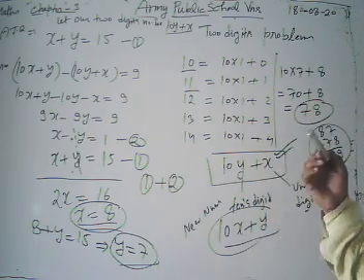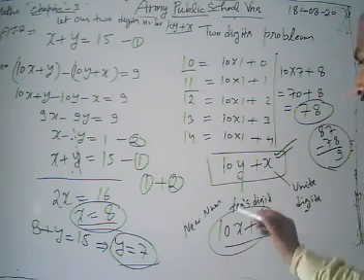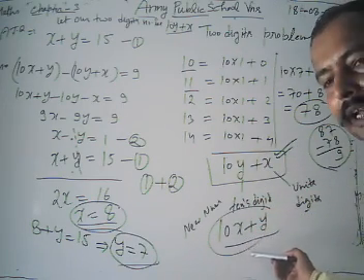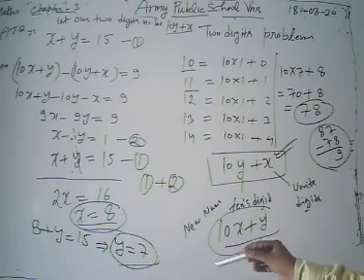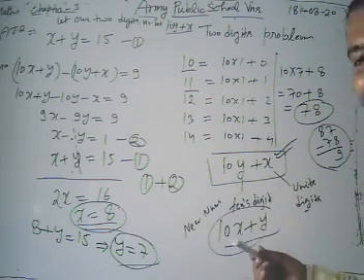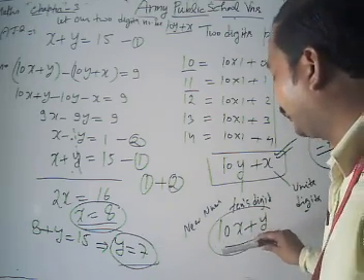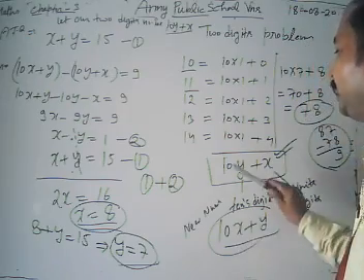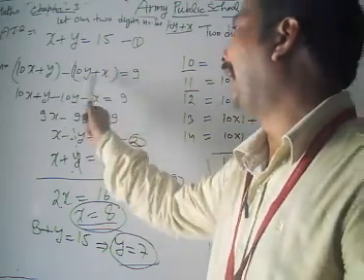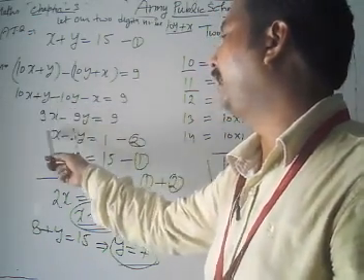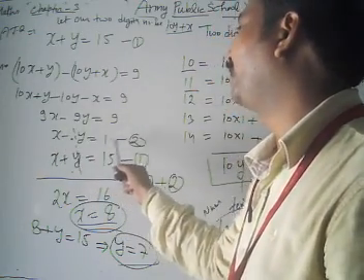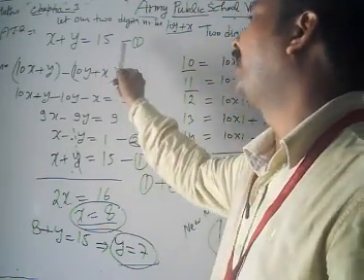Then we have interchanged our digits. Then our new number is 10x plus y. It's given in the problem that the new number exceeds by 9. Means the difference of the new number and the original number is 9. After solving, we get our second equation as x minus y equal to 1. We have x plus y equal to 15.